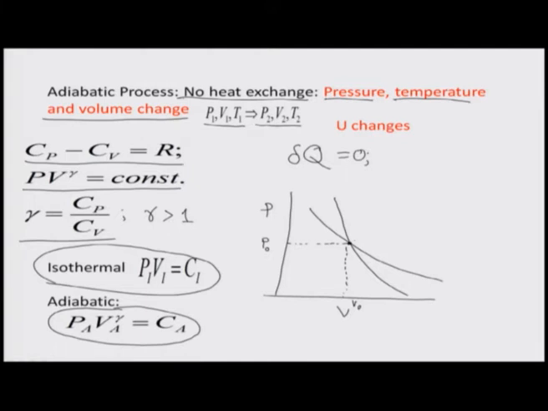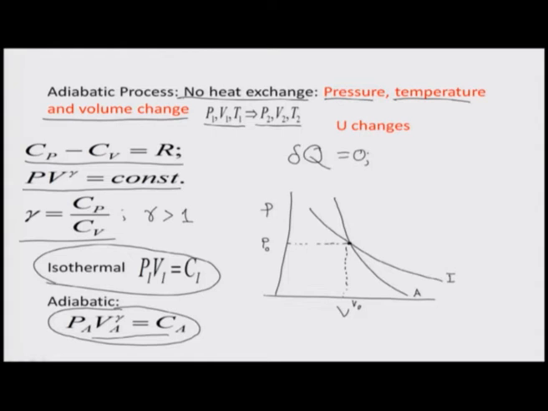Remember, one is characterized by the equation Pi Vi is equal to Ci, whereas the other, namely the adiabatic process, is characterized by this equation here. Okay? Now, you have to think a little bit, but I can tell by just looking at these two PV diagrams, this is adiabatic process, this is isothermal process. How do you do that? They intersect at the point P0, V0.